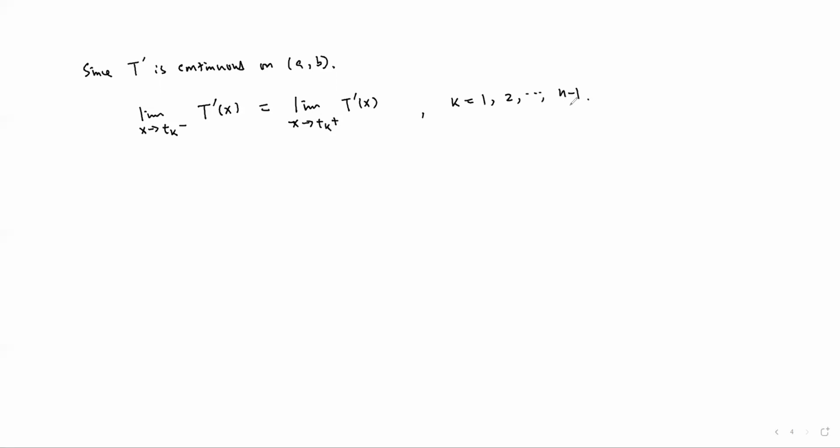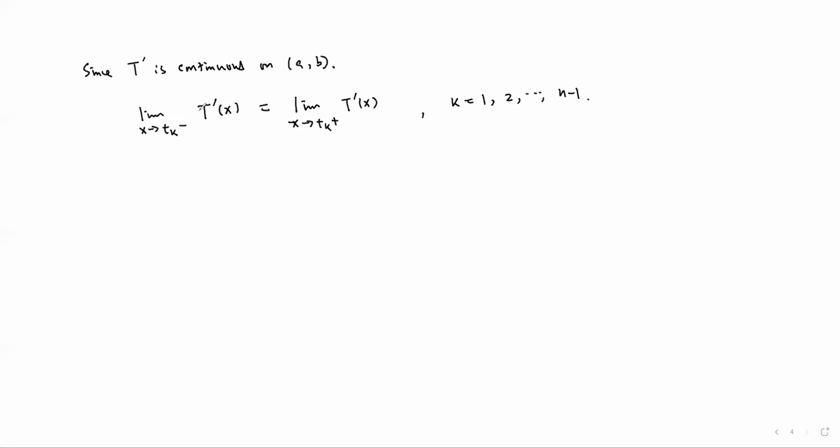At t0 and tn, the derivative is automatically continuous. The problem may occur at interior knots. So because the derivative of T is continuous, we should have this equation at interior knots.